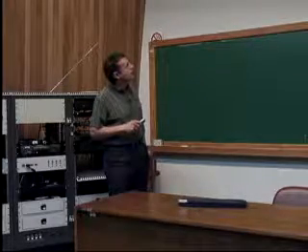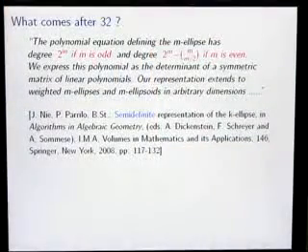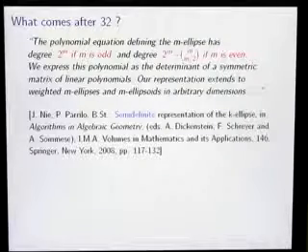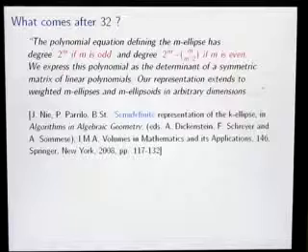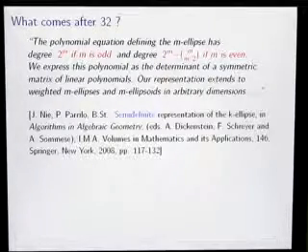And there's a little paper with Ni and Parrilo called Semidefinite Representation of the k-ellipse. What I like to emphasize here, so this was published in a volume of the IMA, that's the Institute for Mathematics and its Applications in Minnesota. And maybe by way of opinion and philosophy, Robin Hartshorne yesterday said that algebraic geometry in the 19th century was very concrete, in the 20th century was very abstract.